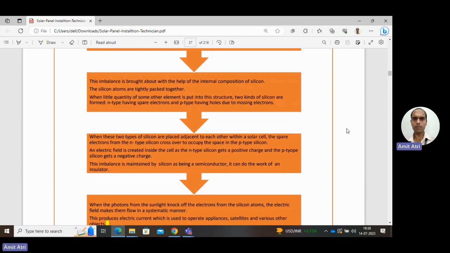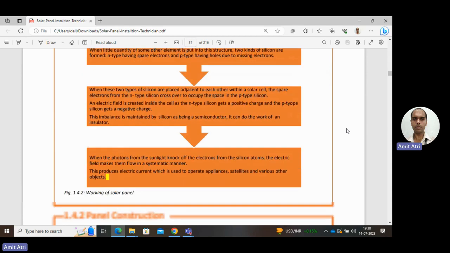This imbalance is maintained by silicon, as being a semiconductor, it can do the work of an insulator. Now we have an electrical imbalance due to light. The free electrons start moving and they constitute the current in the outer circuit.